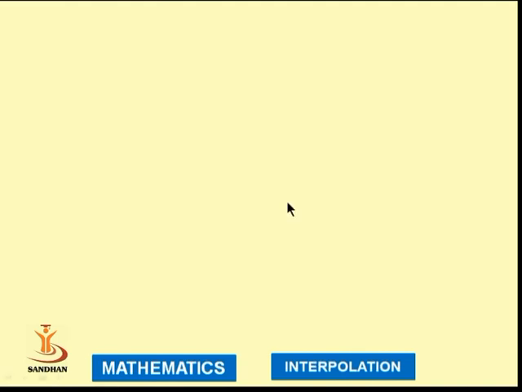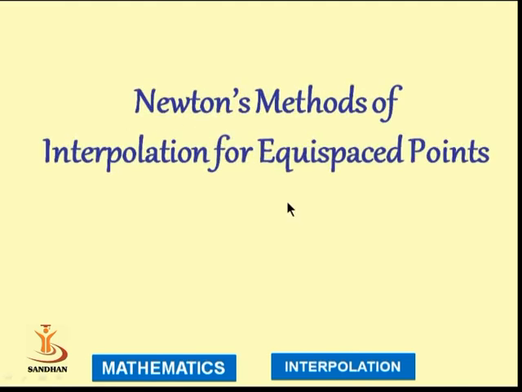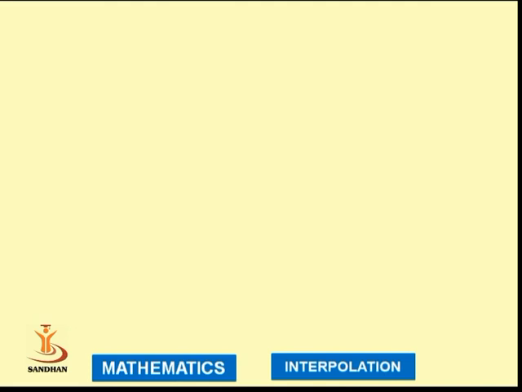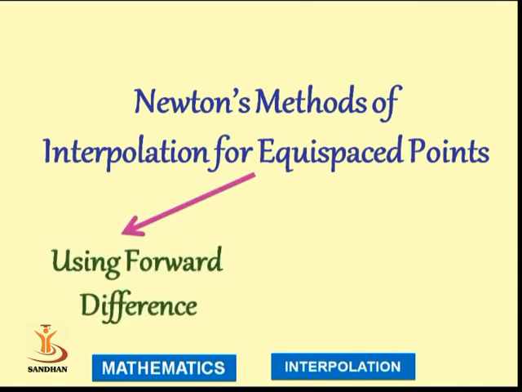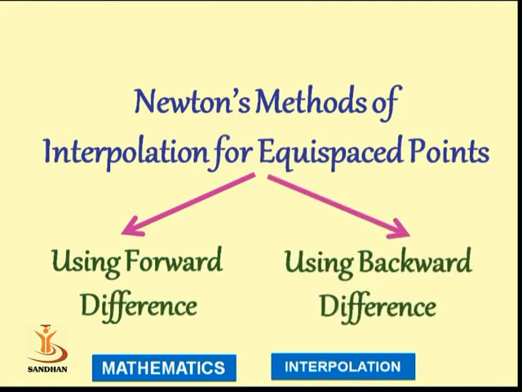Similarly, what we have seen here is the differences which we would be using for Newton's methods for interpolation for equispaced points. Now, we can use forward difference or backward difference in order to use Newton's methods for interpolation.